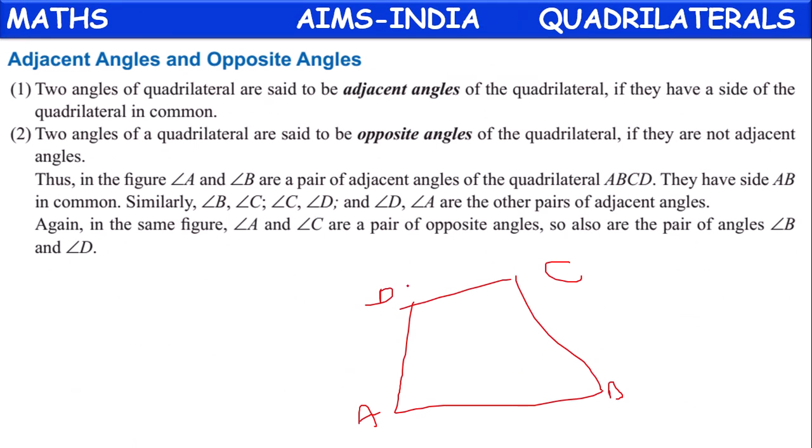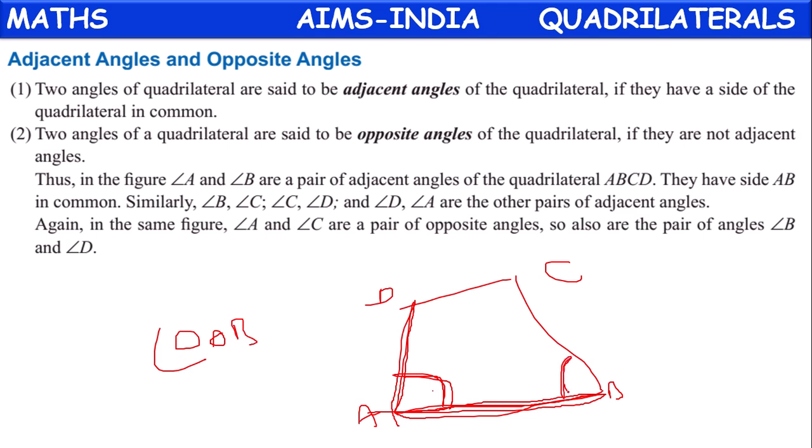What does it mean, children? Suppose AB is one ray, AD is one ray, and this is the angle DAB, formed because of the AB ray and the AD ray.